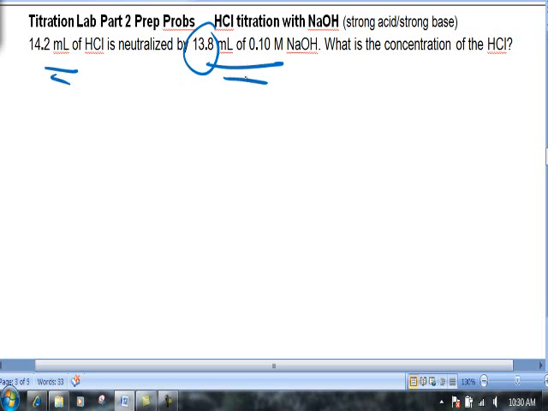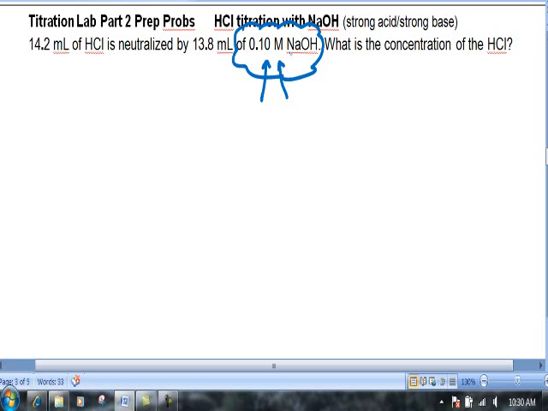Both means will allow us to solve the problem of figuring out the concentration of the HCl. Now, in this part of the lab, we have a known concentration of NaOH. That's what was determined in part 1 of the lab. Whatever your average concentration was for the NaOH in part 1, you now use that as your known concentration for parts 2, 3, and 4 in the lab exercise.